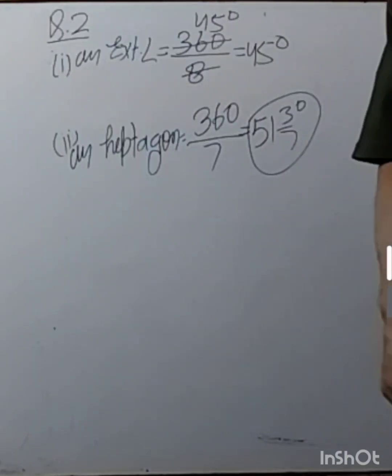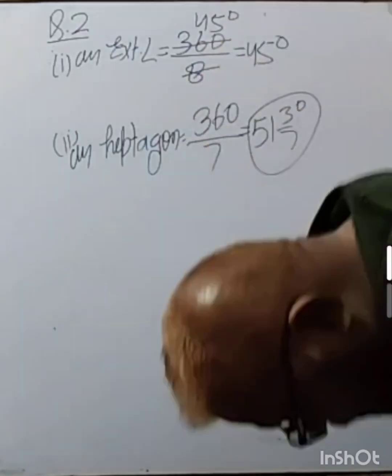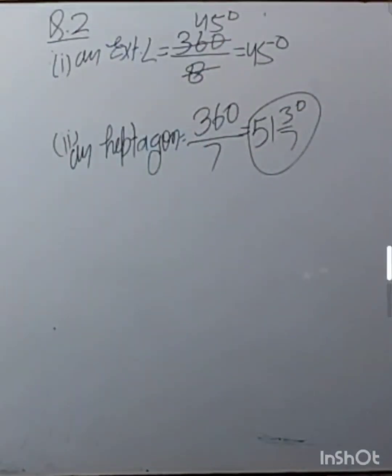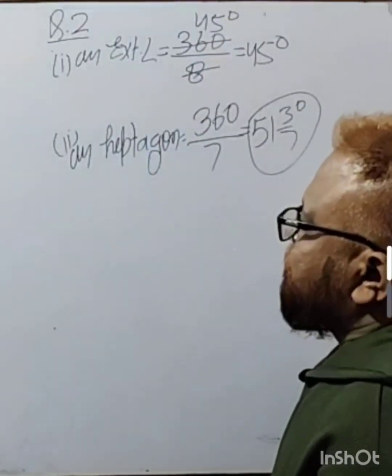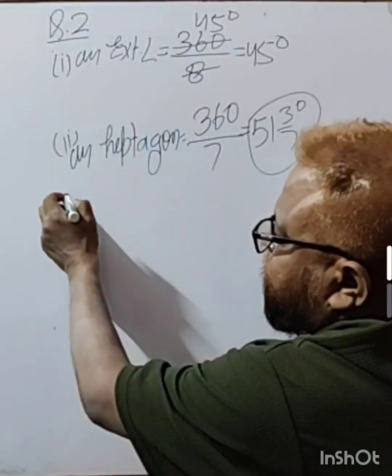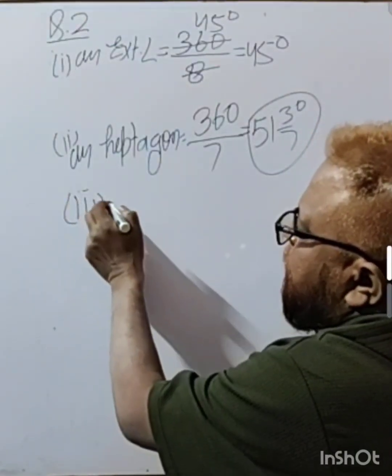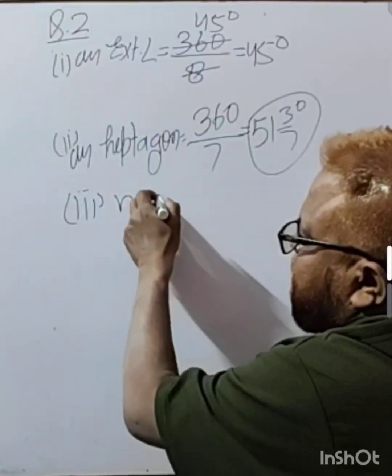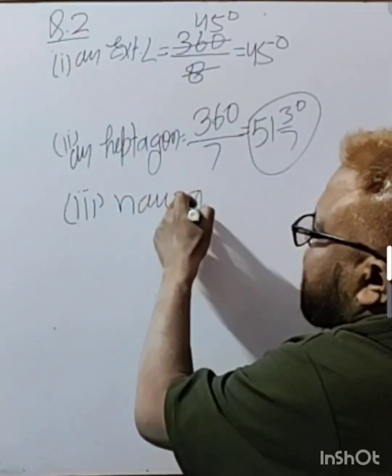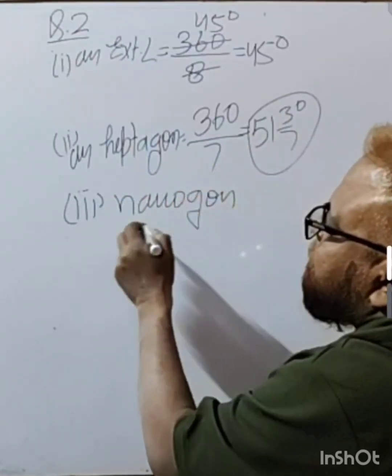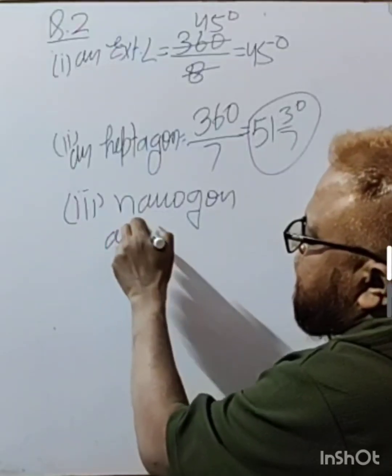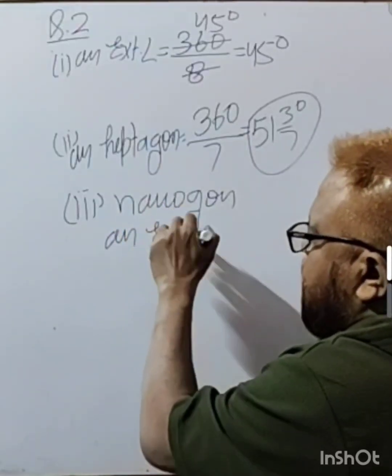So, can you do one more? For a nonagon, the exterior angle will be how much?